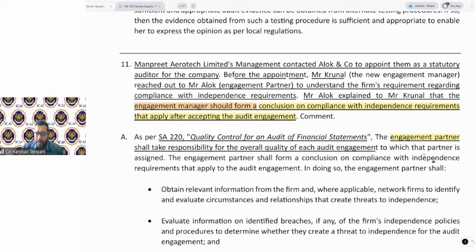The engagement partner shall form a conclusion on compliance with independence requirement that applies to the audit engagement. That's why it's not after or before, it's throughout the audit engagement.